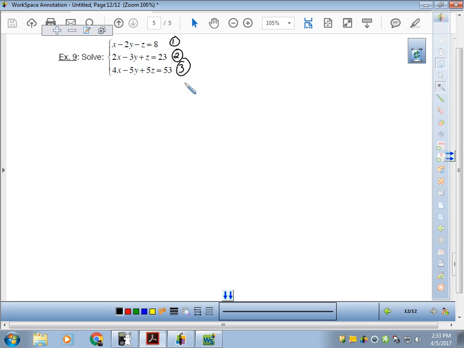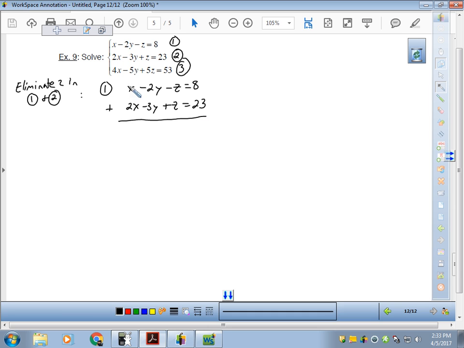I want to eliminate one of the variables, and it looks like z would be pretty easy to eliminate. So the first thing I'm going to do is eliminate z in 1 and 2. And I actually don't have to do anything special here. I can just take equation 1, which is x minus 2y minus z equals 8, and I can add it to equation 2, which is 2x minus 3y plus z equals 23.